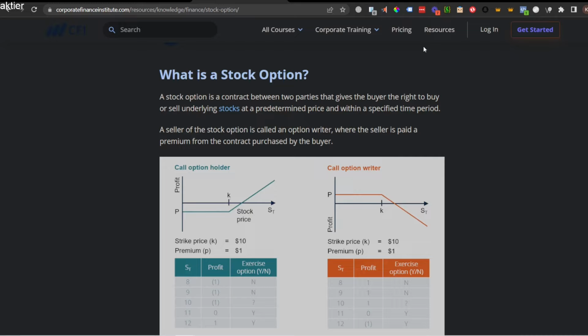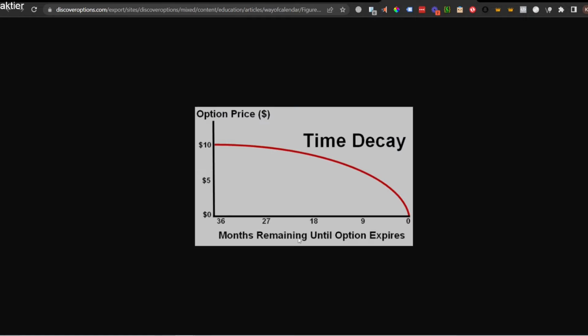Why? Because we have something called time decay. You pay for the premium, but the value of the option falls as soon as you get into the expiration time.